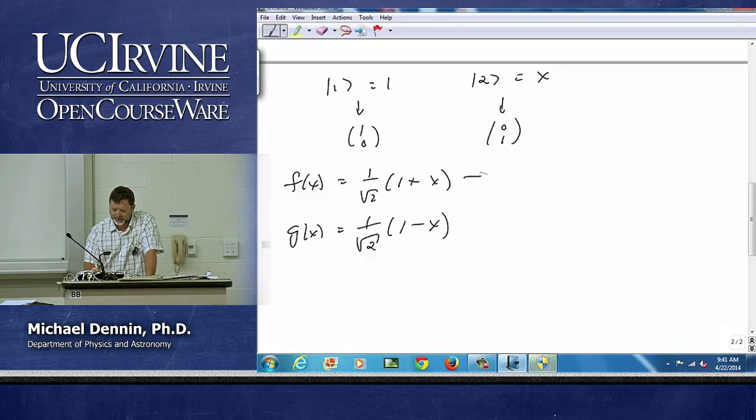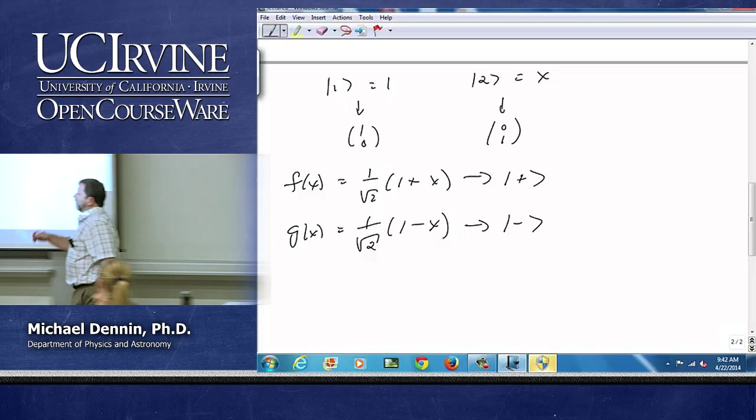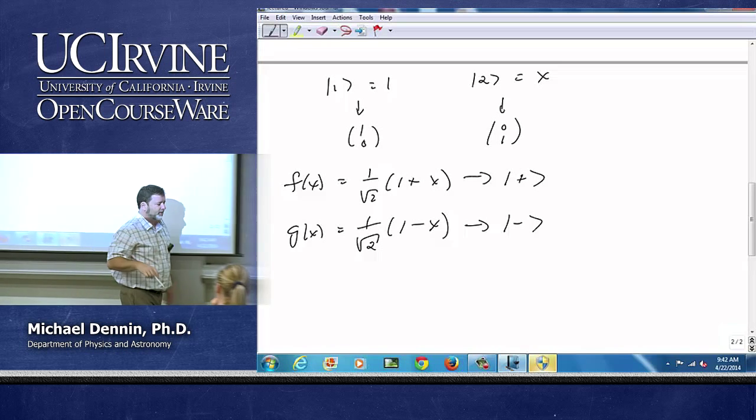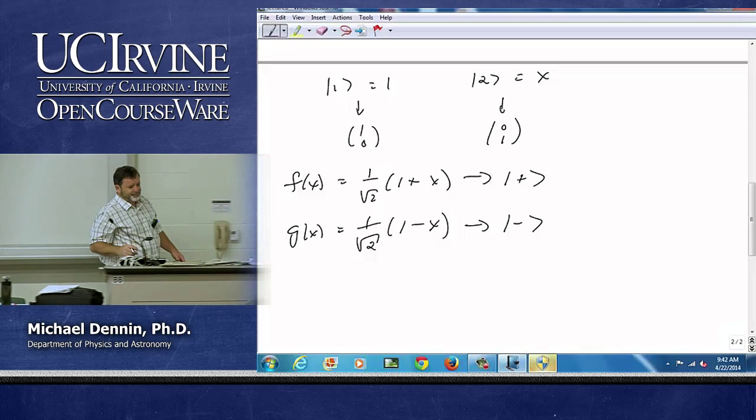Perfectly fine functions. I might call these, in terms of a ket, plus and minus, it's a convention that we use a lot. Why? Because I added the two basis vectors and I subtracted the two. So you'll see that it'll be common.